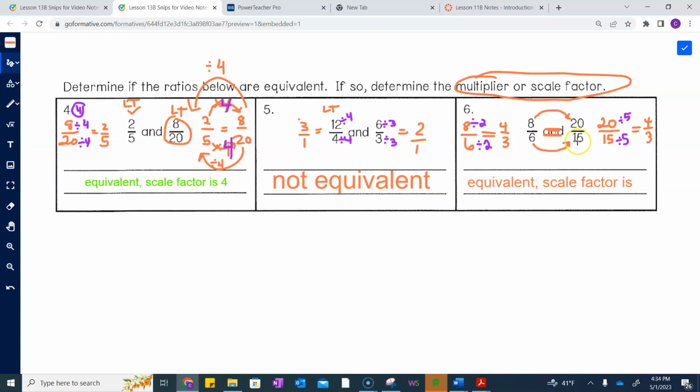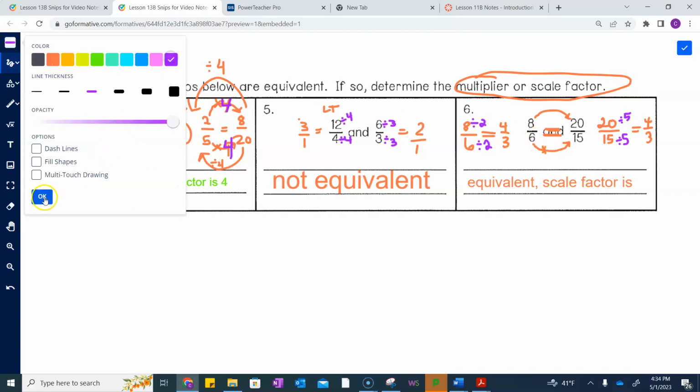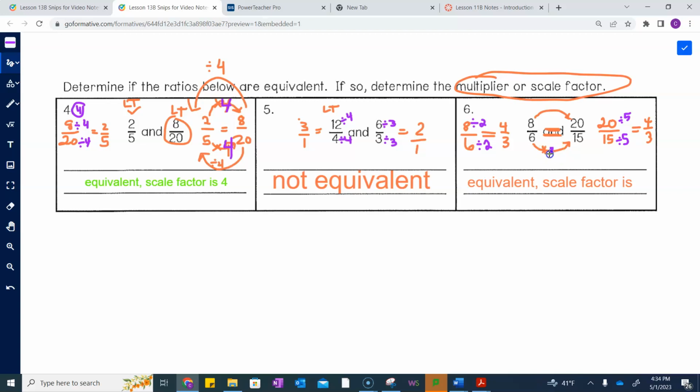So in other words, 15 divided by 6 is what? And 20 divided by 8 is what? To figure out this number that we're multiplying or dividing by, we just need to do a little bit of computation. Well, it's 2.5. It's a decimal. 6 times 2.5 is 15, and 8 times 2.5 is 20. 8 times 2 is 16.